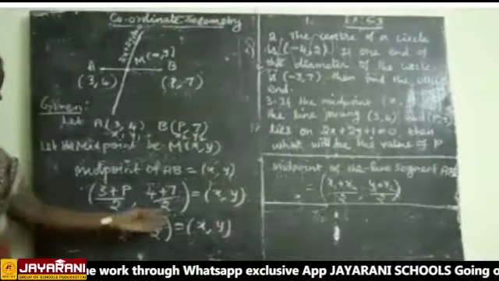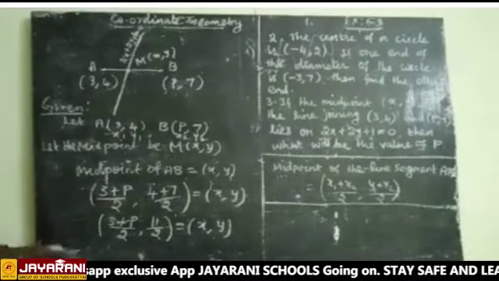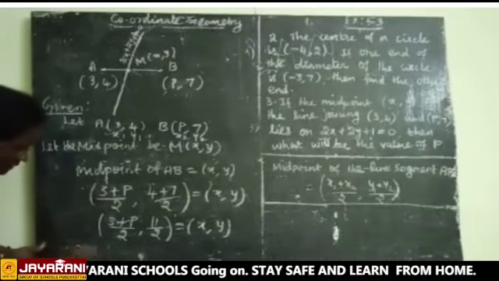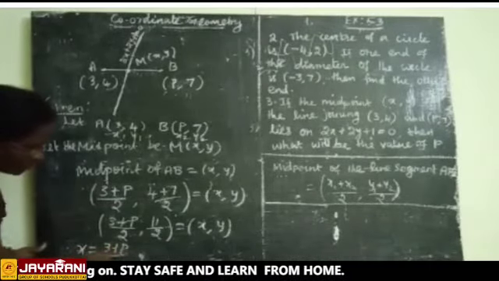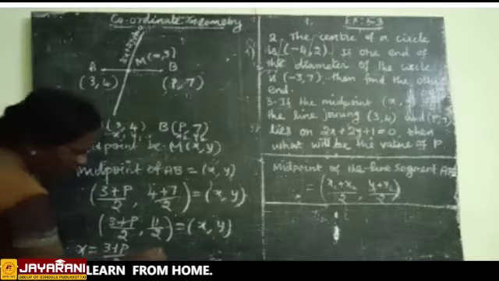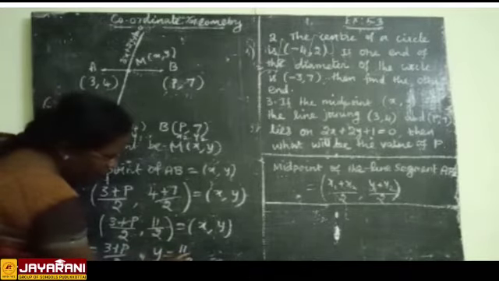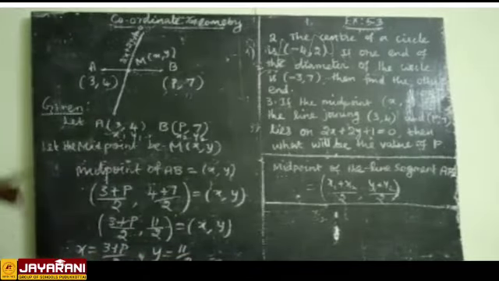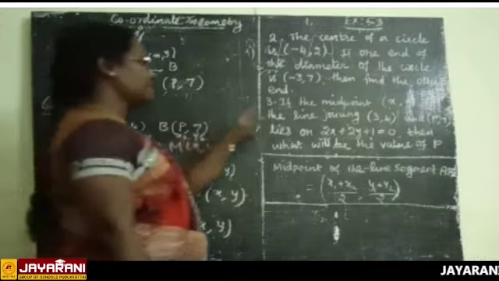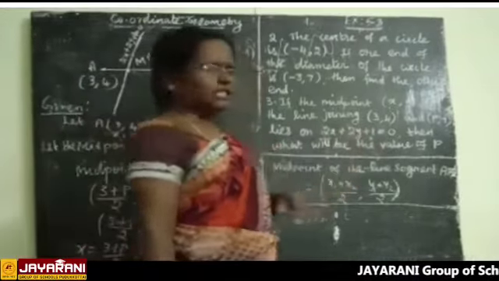Now equating the coordinates, x equals (3 plus p) by 2, and y equals 11 by 2. That midpoint lies on this equation.